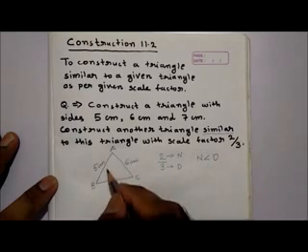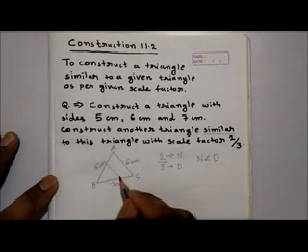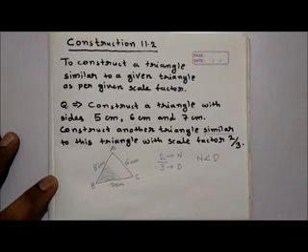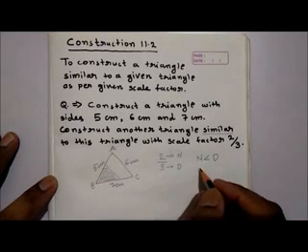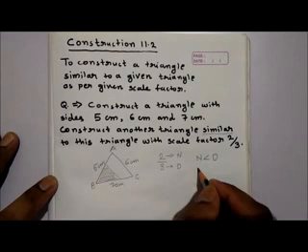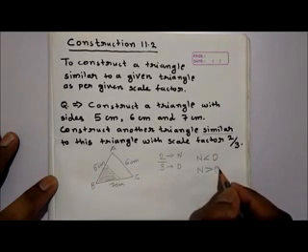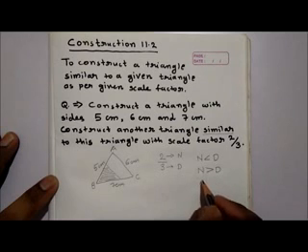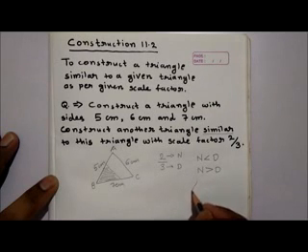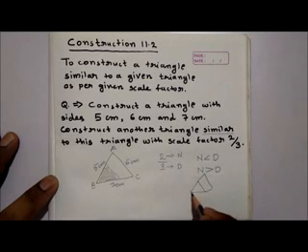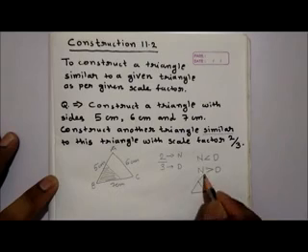Means the new triangle will be smaller. Suppose this is our new triangle. But when the numerator is greater than the denominator, the new triangle will be bigger, like this.